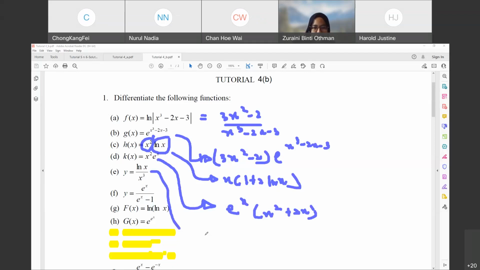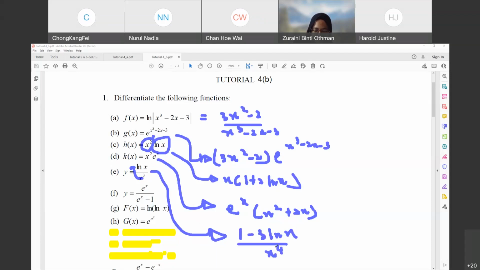Okay, then this is by using dia ada dua, sama ada kamu nak pindahkan x ni ke depan, dia akan dapat x kuasa negatif 3 darab ln x, nanti akan jadi product rule. Ataupun kamu nak selesaikan macam ni, akan menggunakan quotient rule. Okay, for this, the final answer will be 1 tolak 3 ln x divided by x power 4.